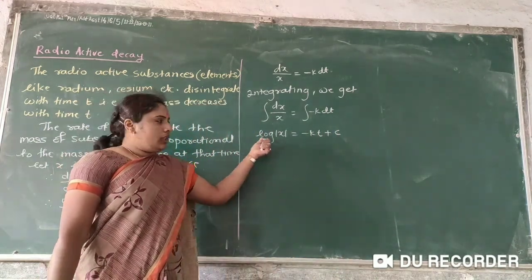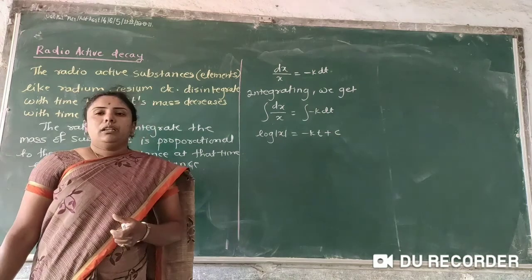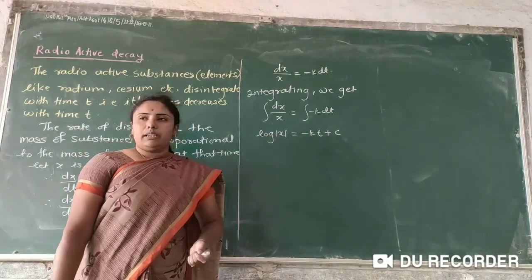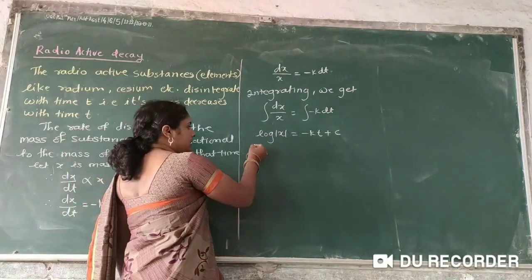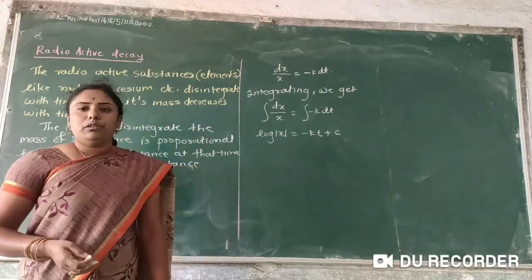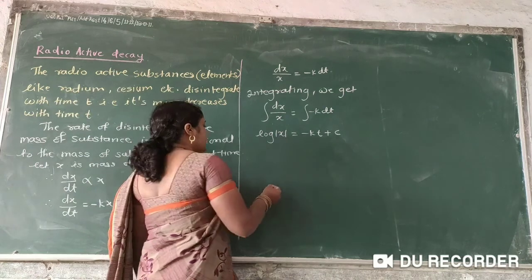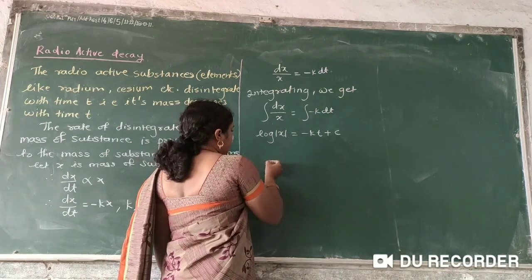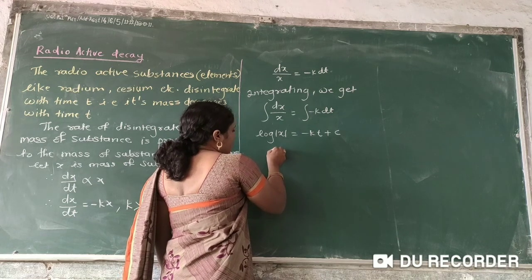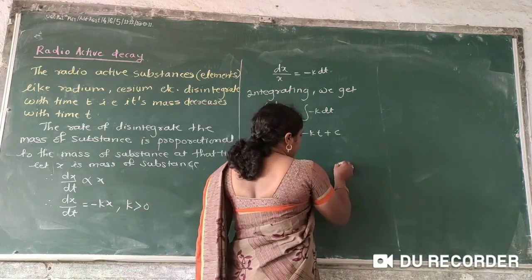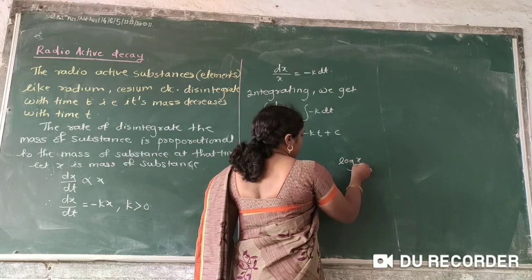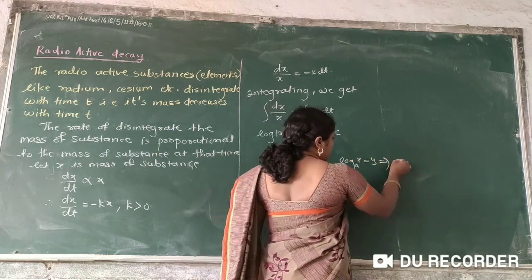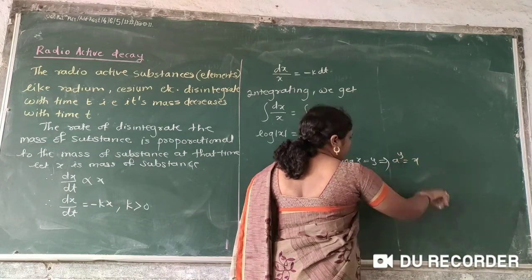Using this equation, you have to calculate the mass of the radioactive substance at different times, or sometimes we have to calculate the time. Also, this equation can be converted into exponential form, as here the base of the logarithm is e. We know the definition of the logarithm: log of x to the base a is equal to y. This can be written as a raised to y is equal to x.